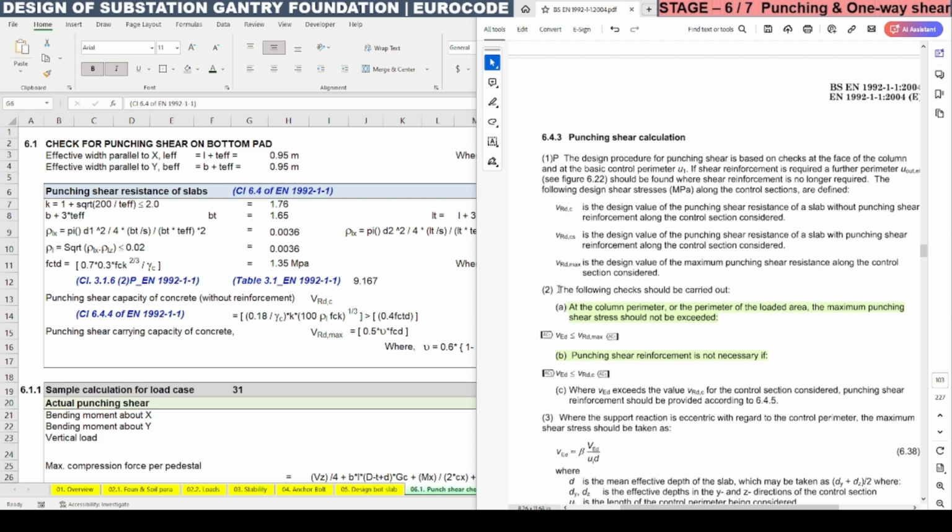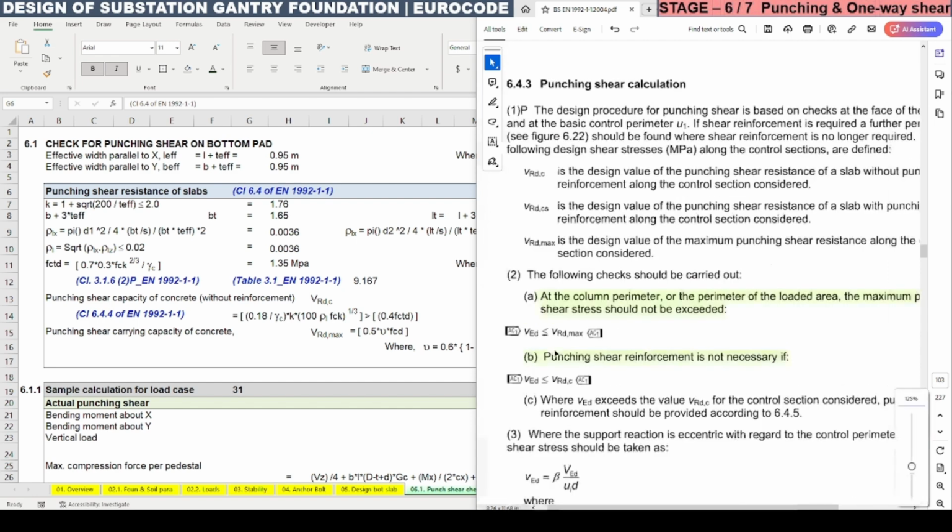Here there are two major checks to be considered. One is at the column perimeter, where the maximum punching shear stress should not exceed the limit. This is a major case. It means vEd, which is the calculated shear stress, should not exceed vRd,max.